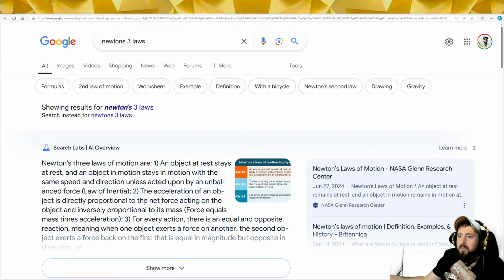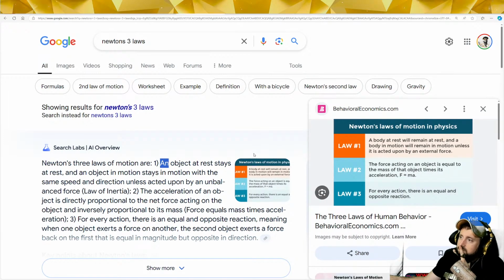The acceleration of an object is proportional to the net force acting on it and inversely proportional to its mass. There's no external forces, so it's definitely not the third one, that's action and reaction. It's a toss-up between 1 and 2. It's either 1 or 2, definitely not 3. Yeah, probably 2.